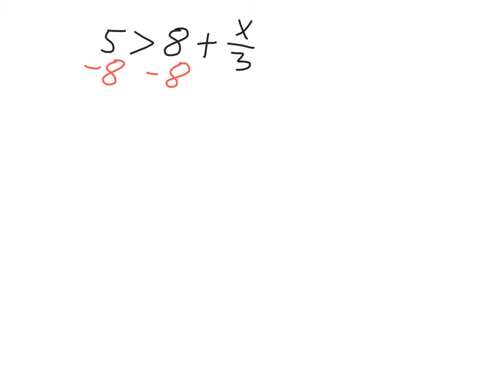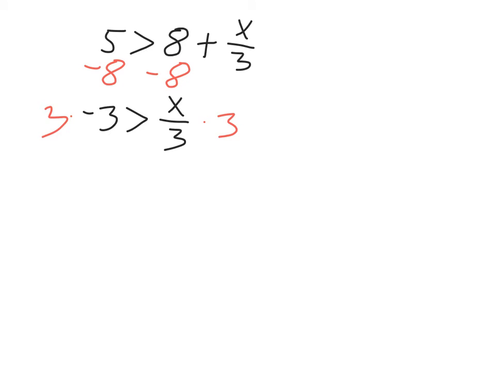And that gives us negative 3 is greater than x over 3. Then, we need to get rid of that divided by 3, so we do the opposite and multiply both sides by 3.